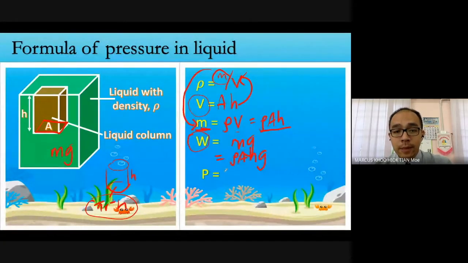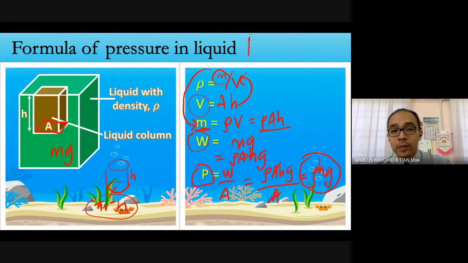Since my pressure equals weight over area, and my weight is rho A h g, I will get rho A h g over A, where I can cancel the two A's and I will get rho h g. And this is the formula for pressure in liquid.